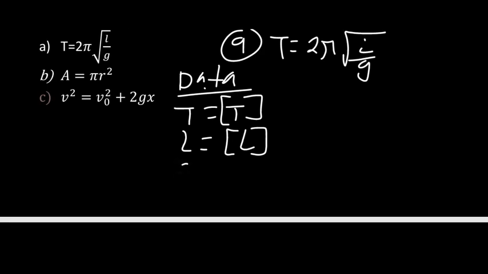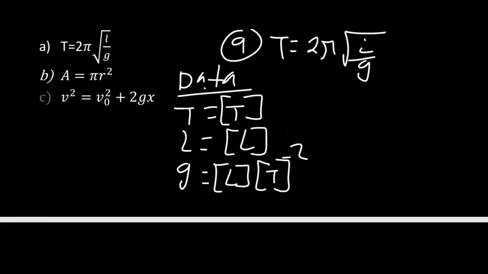Then g is equal to L over T squared, because we're talking about dimensional analysis. We're showing that this equation is actually dimensionally correct.